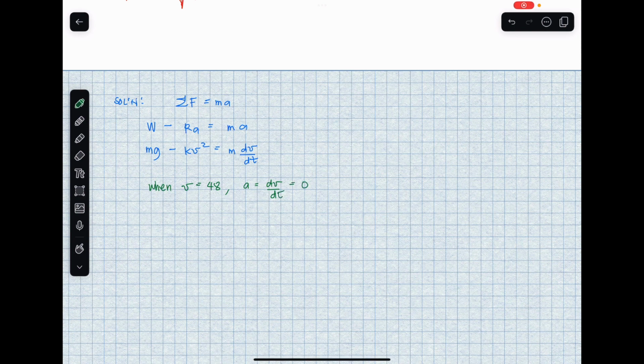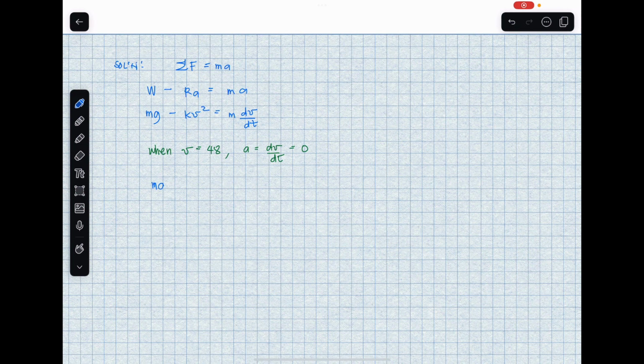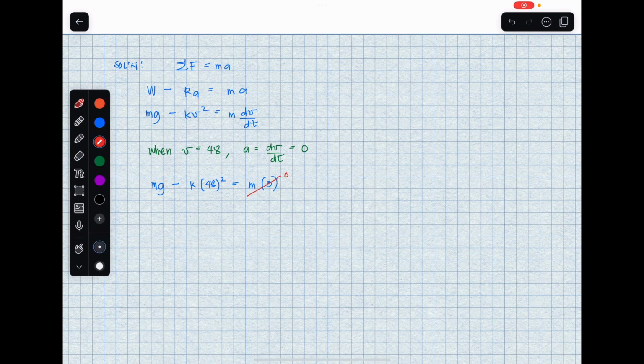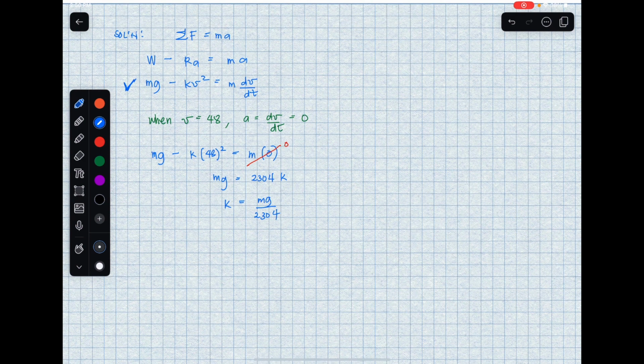So mg equals k times 48 squared, which is 2,304 times k. Then k equals mg divided by 2,304.